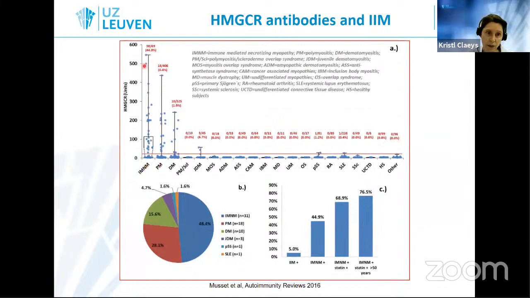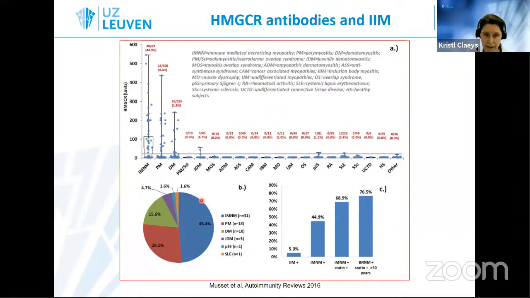They found that in 38 of 69 patients with IMNM, there were HMG-CR antibodies, so that's around 45%. There were also HMG-CR antibodies in polymyositis, dermatomyositis and juvenile dermatomyositis, meaning that this is not completely specific for IMNM.